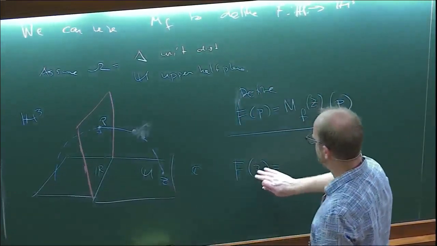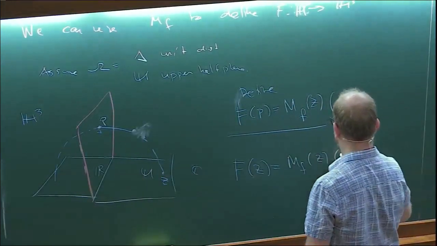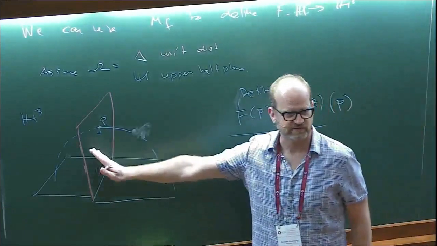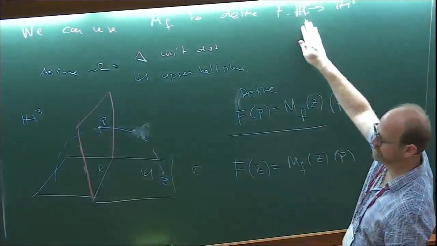And then I can define f of z to be the same thing that I wrote down here. The map is essentially the same, but now I'm just restricting it to this given plane. And I'm thinking of the domain as the original domain omega.